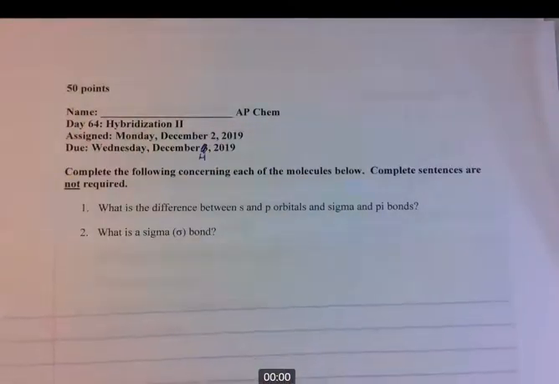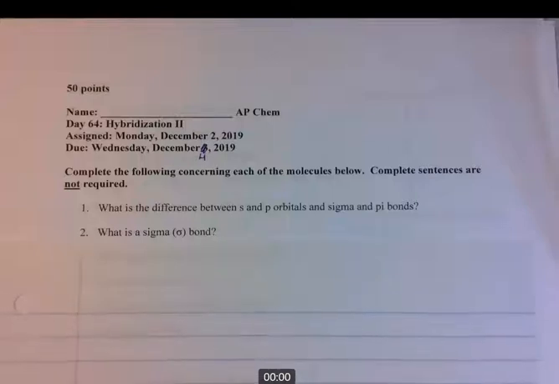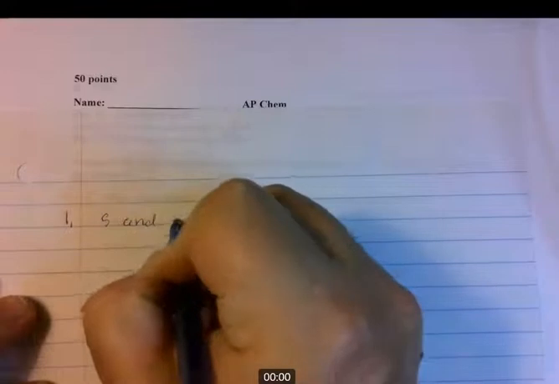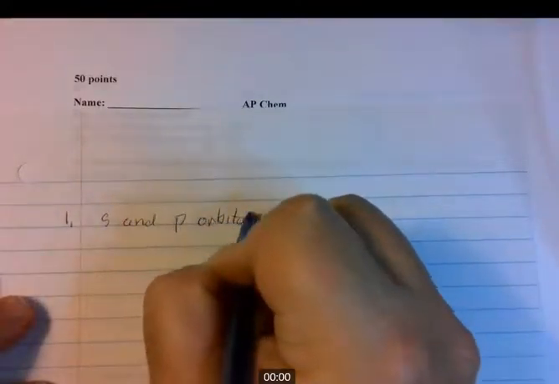Okay, so the first question is, what is the difference between s and p orbitals and sigma and pi bonds? Okay, so number 1. S and p orbitals. What they are is they are the orbitals that belong to a specific atom. And every atom has an s orbital.